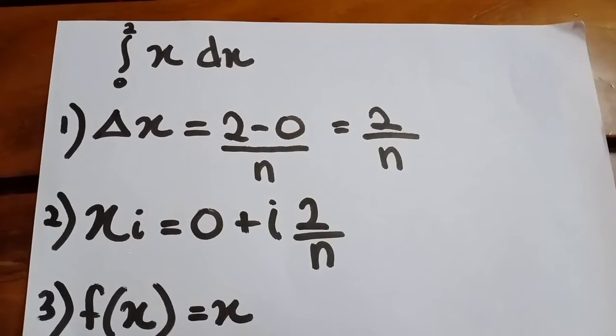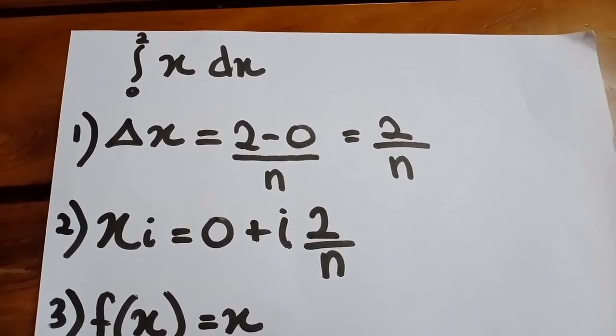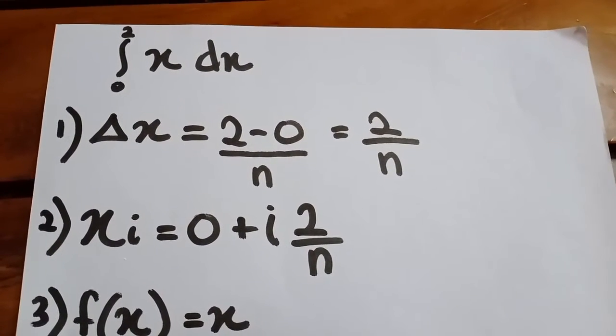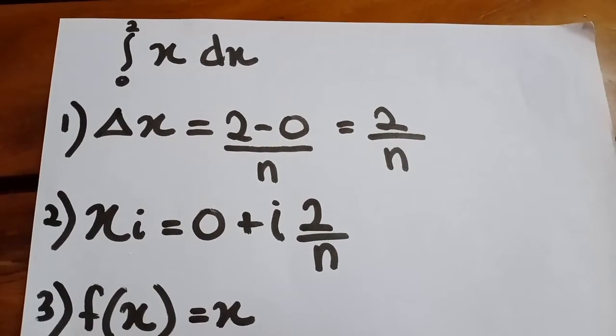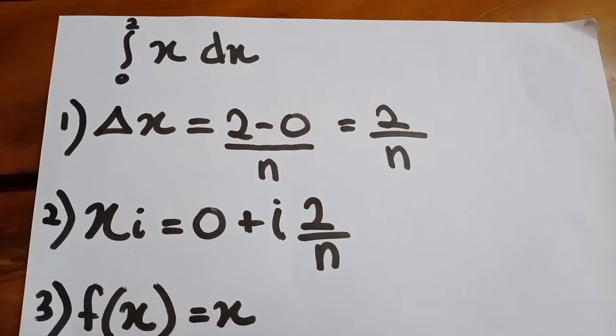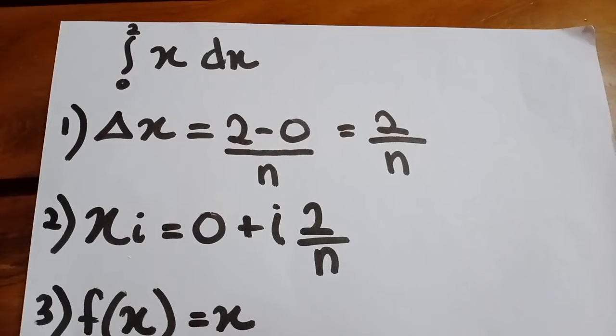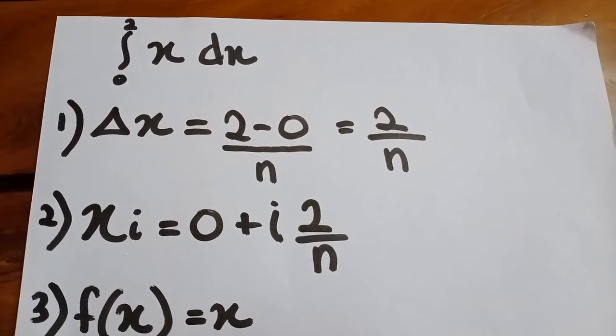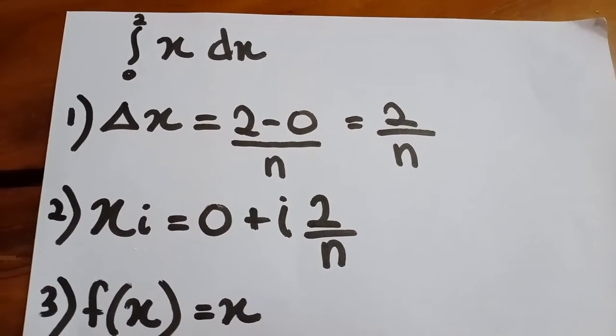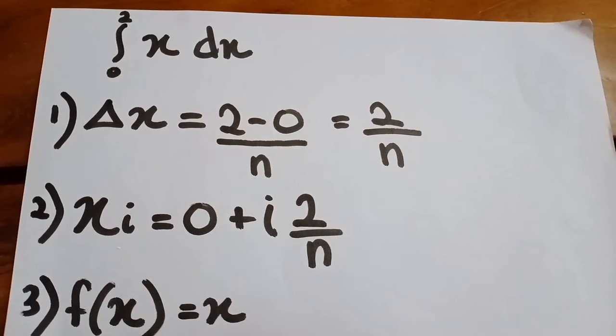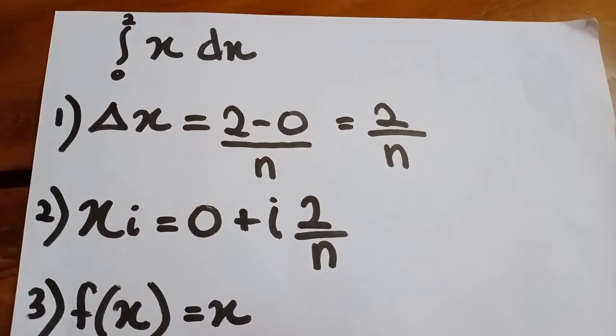The question given is the integral from 0 to 2 of x dx. So the first step is to find delta x, and we know that b is 2 and a is 0, divided by n, because the formula is b minus a over n.